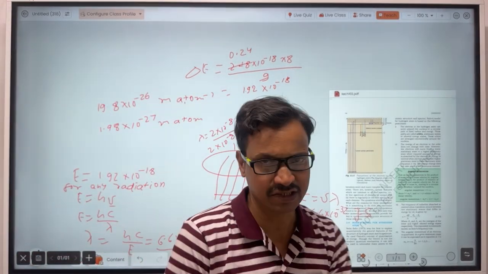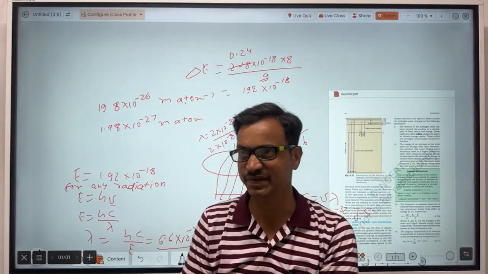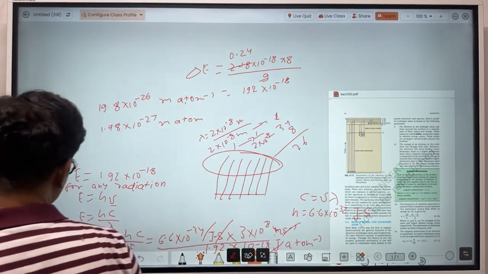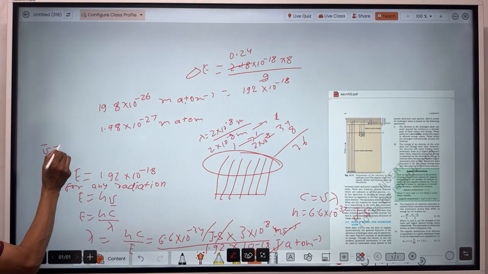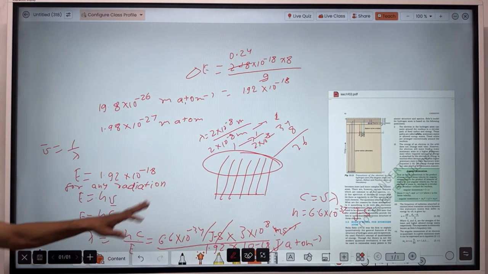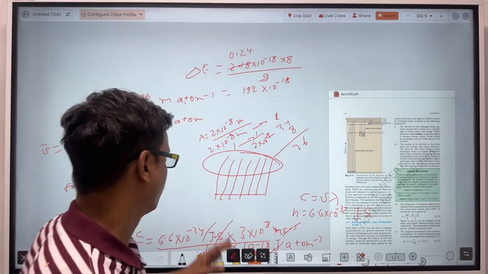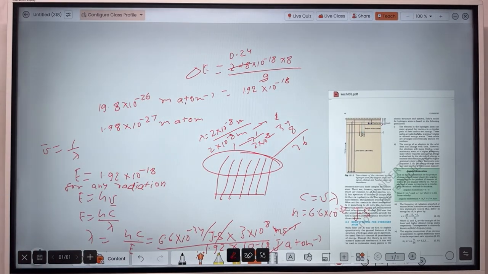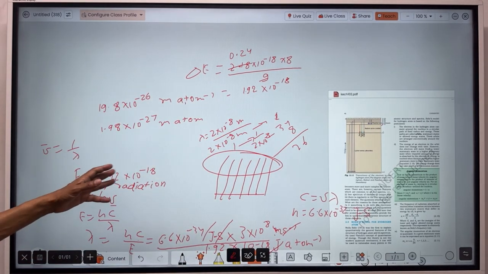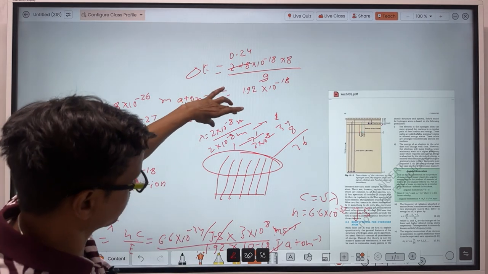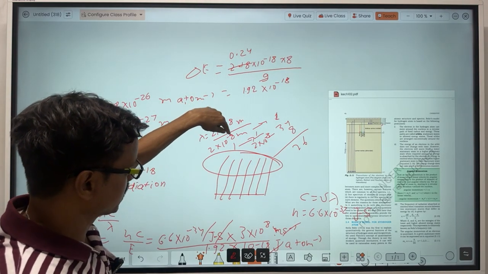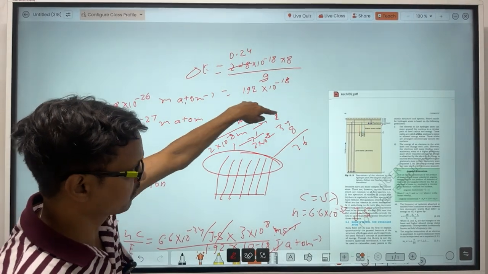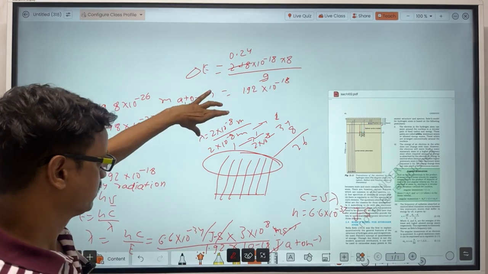Guys, watch out here this one carefully. Actually, wave number is represented by nu bar, that equal to 1 by lambda. That I am trying to fix in your mind. Suppose there is a radiation whose wavelength is 2 into 10 to the power minus 8. So when the total distance will be 2 into 10 to the power minus 8 meter, the number of wave will be 1.